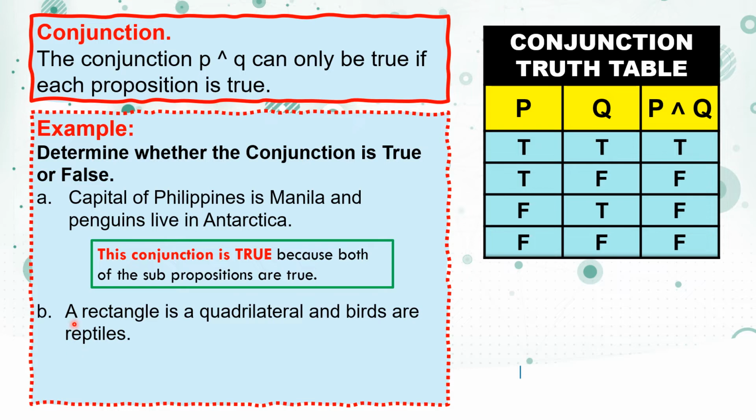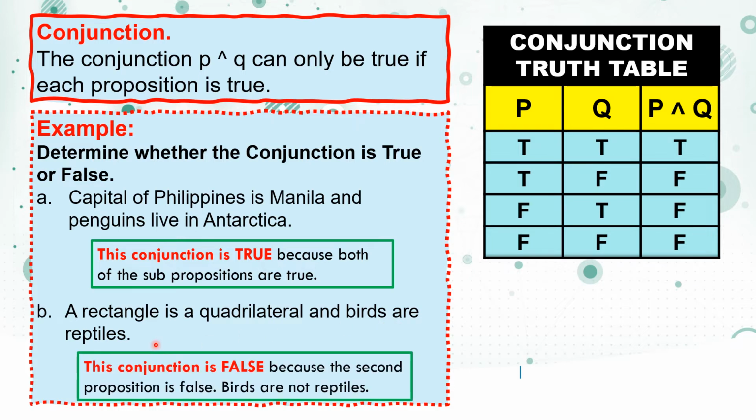Next, a rectangle is quadrilateral and birds are reptiles. So this conjunction is false. Why? Because the second proposition, which is birds are reptiles, is false, since birds are not reptiles.